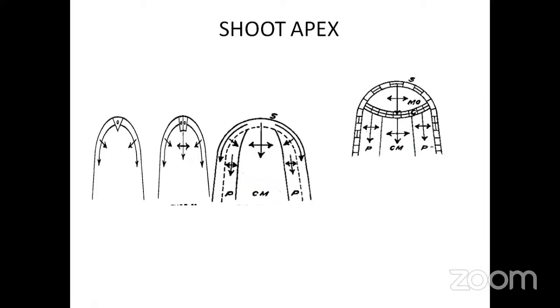Shoot apex theories, vegetative shoot apex theories. They are not that important, but shoot apex in angiosperms is important. Shoot apex theories, angiosperms important. Root apex theories, angiosperms important. But let's discuss angiosperms, pteridophyta, and also gymnosperms. If you take pteridophyta, the first and second diagrams mainly belong to the pteridophytes.